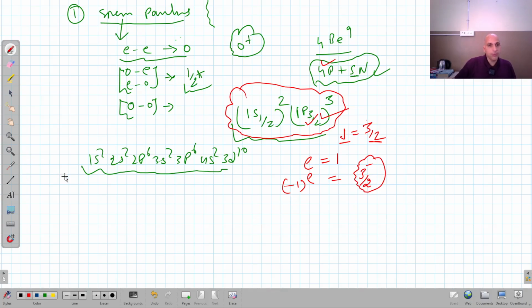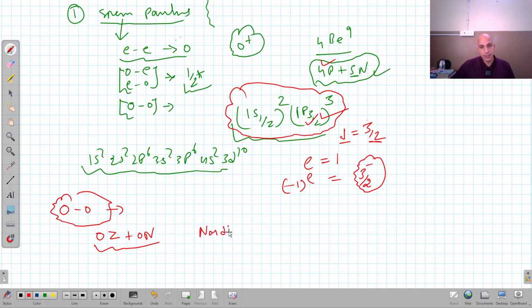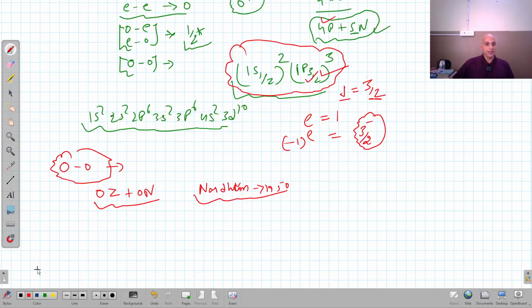Now the situation for odd-odd nuclei that I told you about, right? If the nucleus is odd-odd, I mean odd proton and odd neutron, in that case we have to calculate the spin and parity by using a formula that was given by Nordheim, N-O-R-D-H-E-I-M, in 1950. We call it Nordheim's rules, right? So we have to remember these rules. In this situation I have both Z and N unpaired.